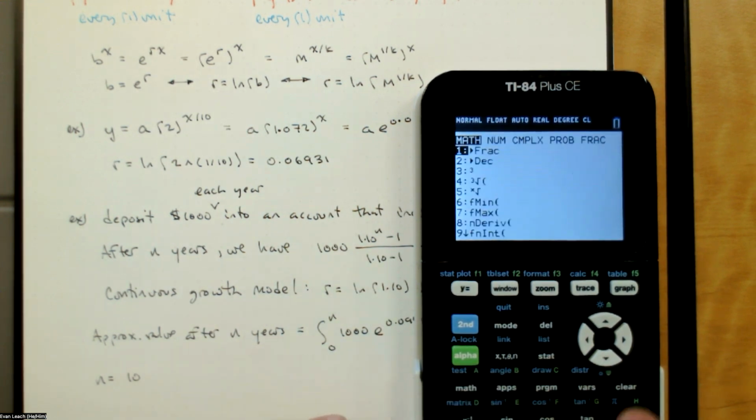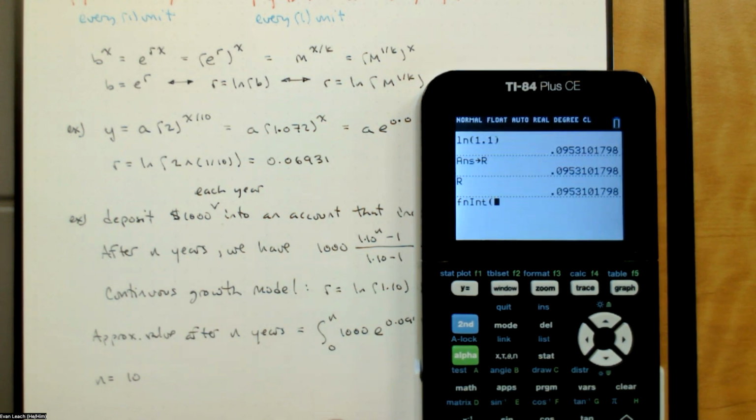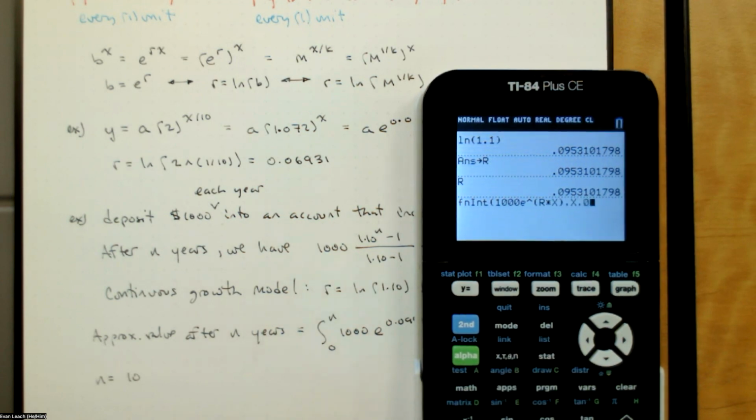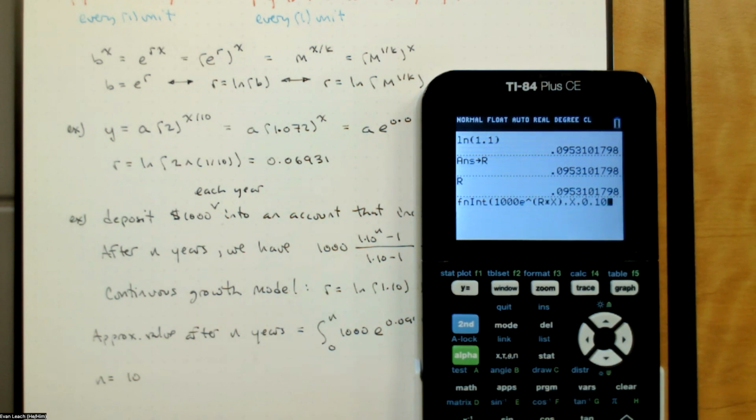So I want to set up an integral, and I want to put $1,000 a year in an account that's going to be increasing continuously at a rate of 9.5% for a bunch of years. We'll integrate with respect to x from 0 to 10.